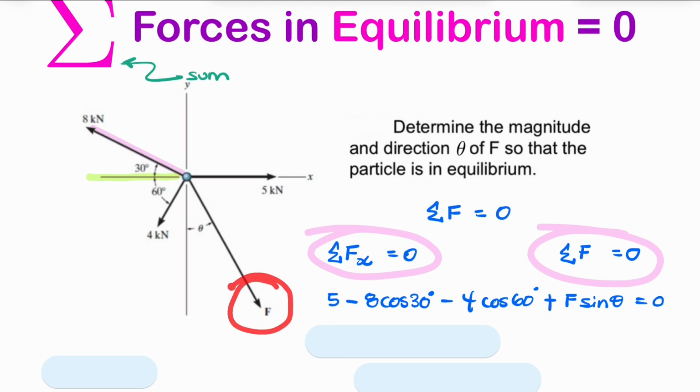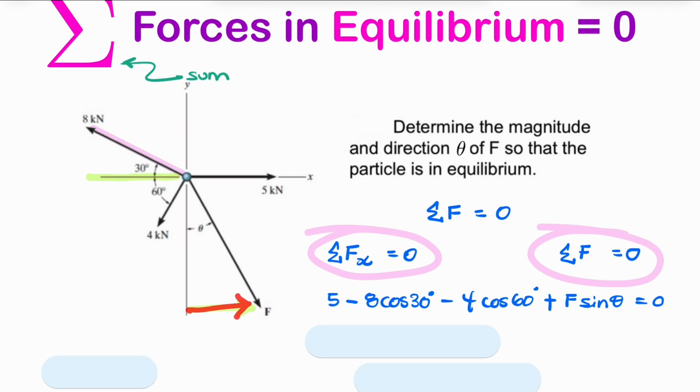And the final force is this, the F that we're trying to find, the horizontal component is to the right. So it'll be plus F. And I've written sine theta because this horizontal component is now opposite the angle. Whereas here, it was adjacent to the 60 and adjacent to the 30, so we used cosine.